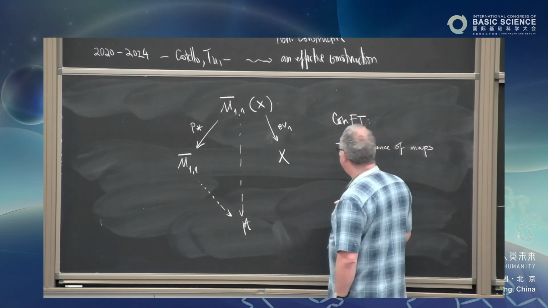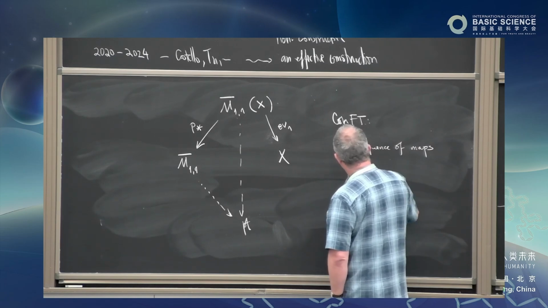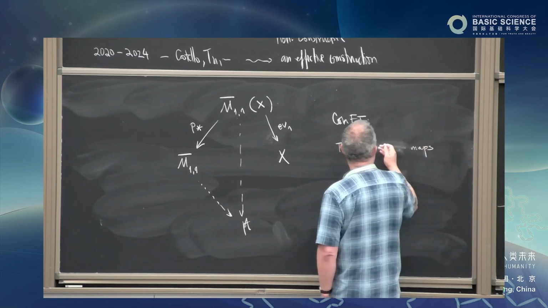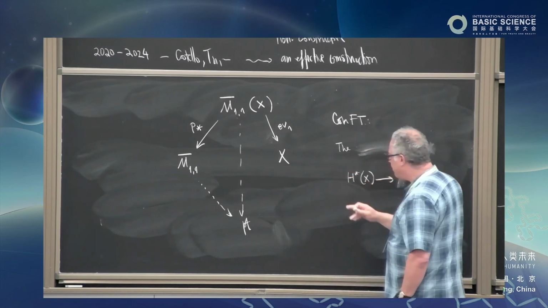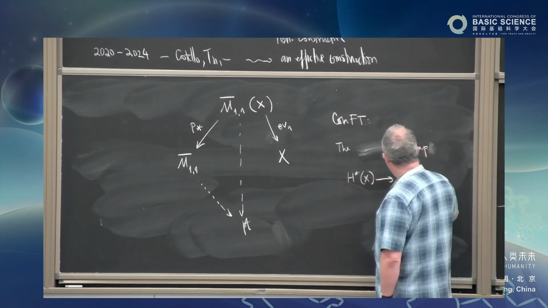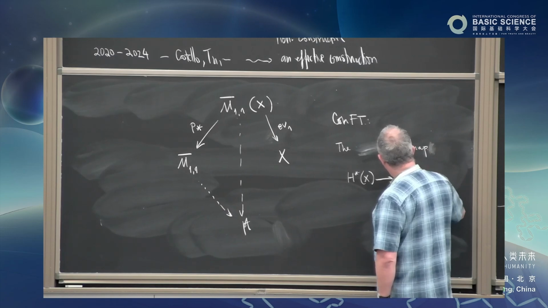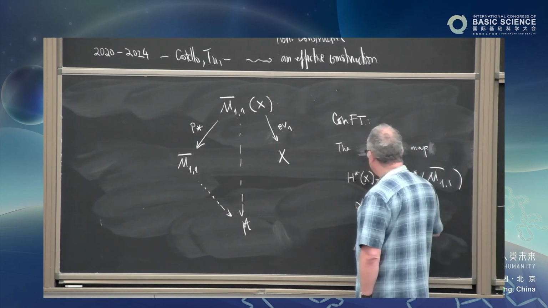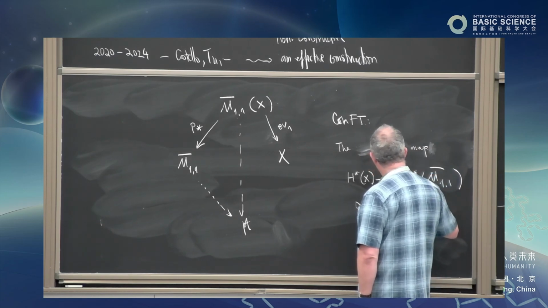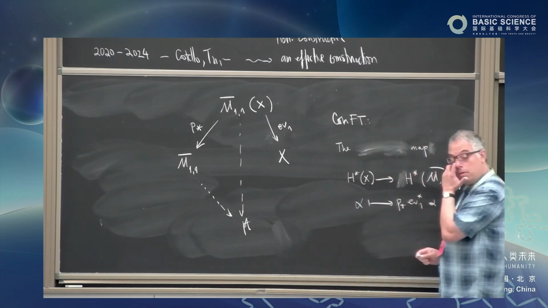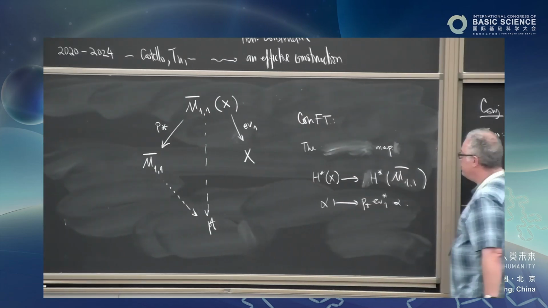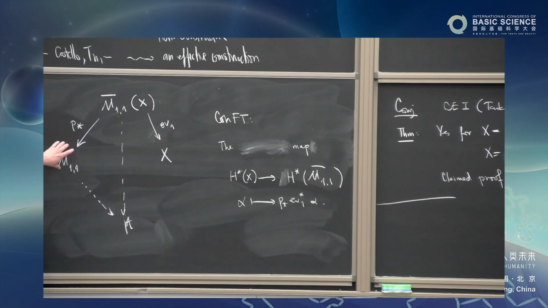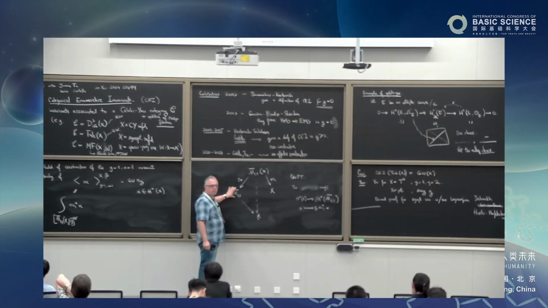Think about it as maps from the cohomology of X to the cohomology of M_{1,1} bar, but in this case, it's just this map for us, which takes alpha to p lower star f_1 upper star alpha. So the idea is that somebody gives you a cohomology class on X, and that produces for you a cohomology class on M_{1,1} bar.